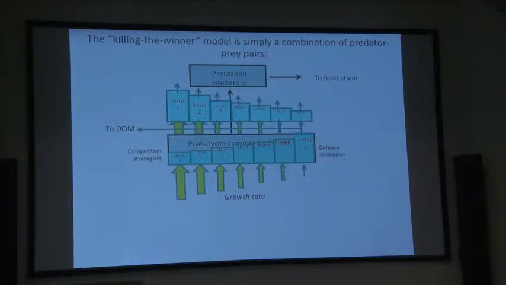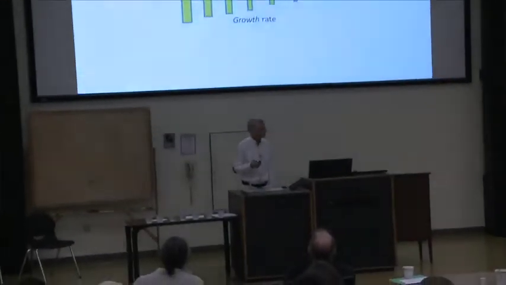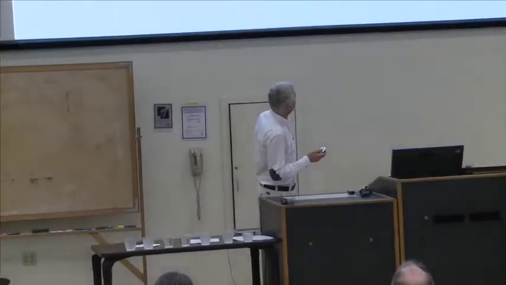Then you get a simple theory for diversity. It's simply how many small boxes you can fit within the large box. It's the ratio between how small the populations are that the virus control gives, and the size of the control given by the protozoans. Very simple.